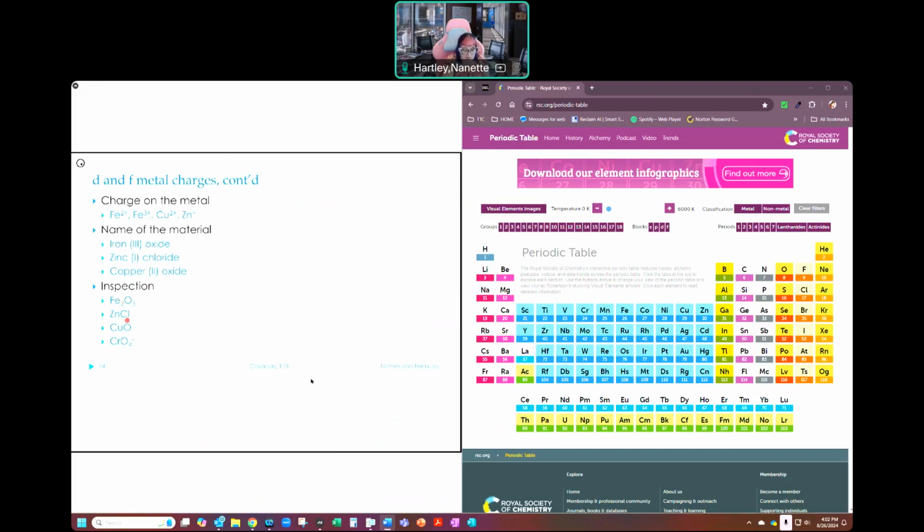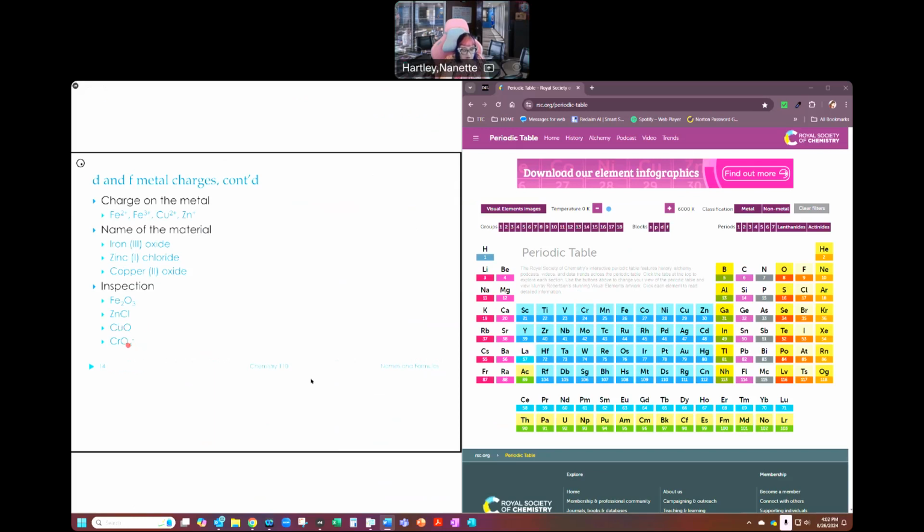If I know that Cl is -1, and there's 1 zinc and 1 Cl, then it must be a zinc 1. If O is 2 minus and there's 1 Cu going with it, then it must be Cu2+. Those are the kinds of things we're talking about.